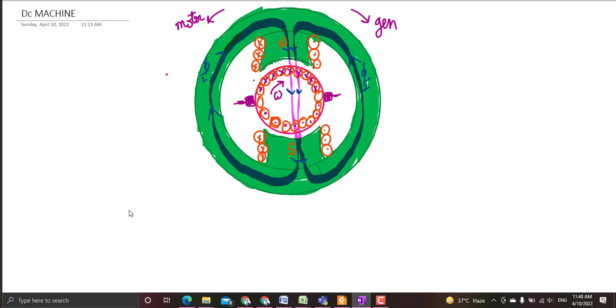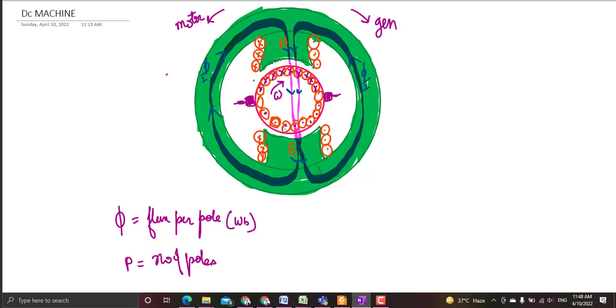Let phi be the flux per pole of the machine, and it is expressed in Weber. P is the number of poles.